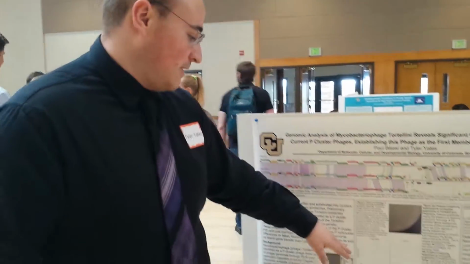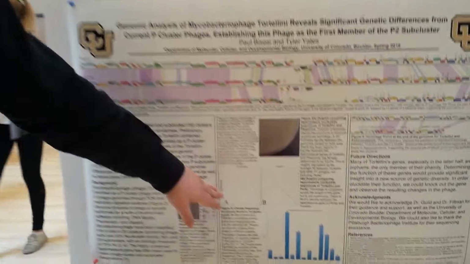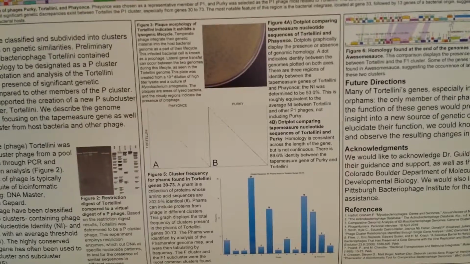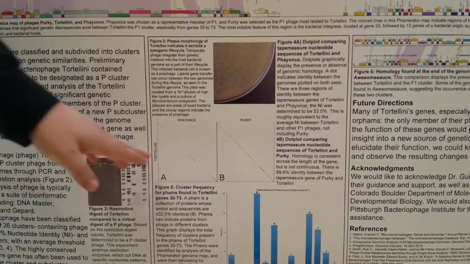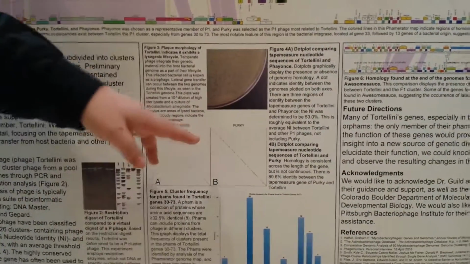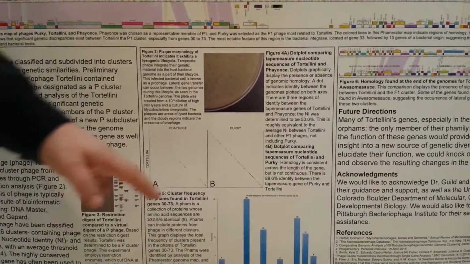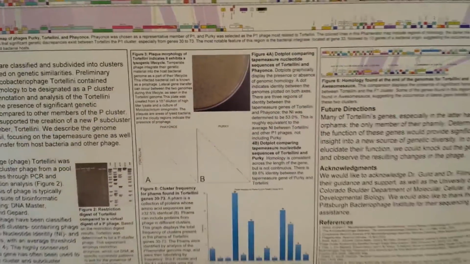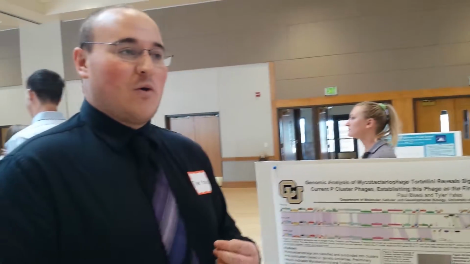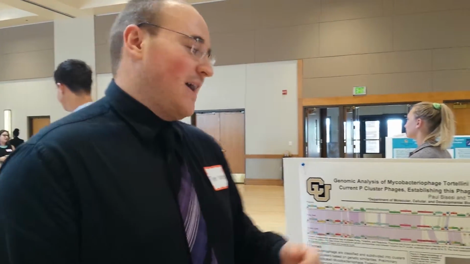So we actually have a dot plot of this to show tortellini versus Fiancé, which is our general P1, and tortellini versus Perky, which is our closest related phage, which has strong homology across the whole genome. From there, we were more interested in what the other sources of gene information for that back end were.